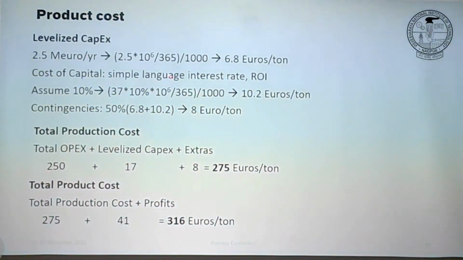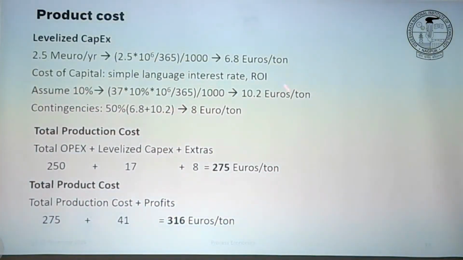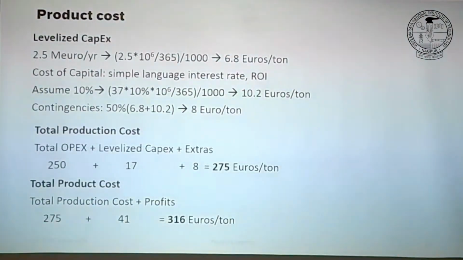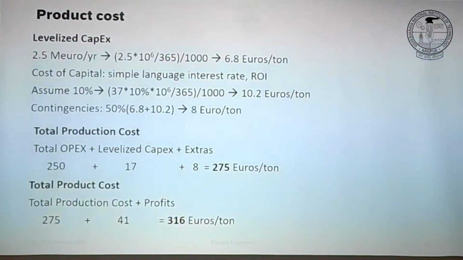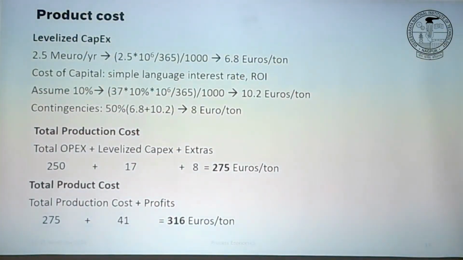And if it's equity or internal finance, you still have to pay something; the only thing is the name is different. It's return on investment. I have my own money, but I also want my money to grow. I don't want my 37 million euro to be 37 million euro in 10 years. So if it's from outside, you have to pay interest, but if it's internal financing, then it's return on investment that you have to pay to your stakeholders and shareholders.